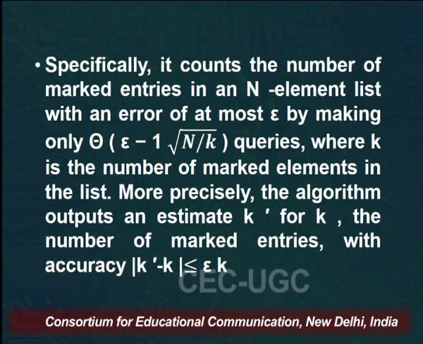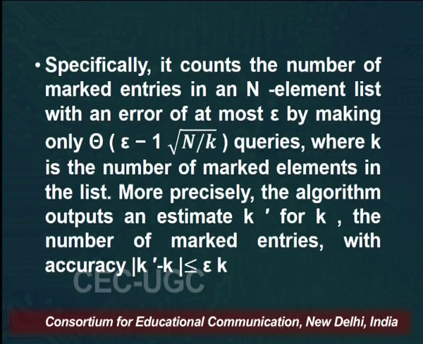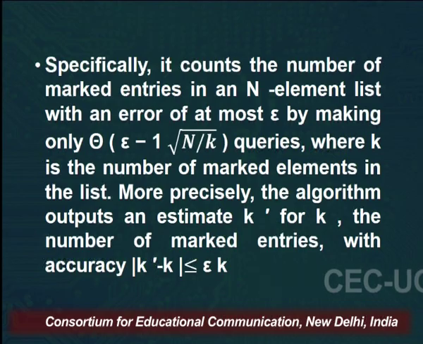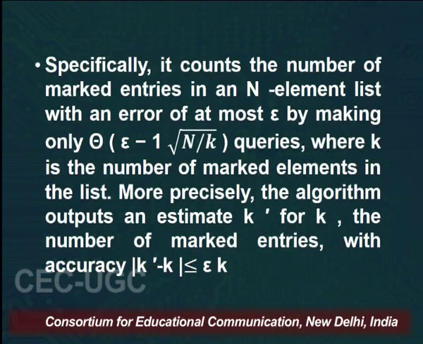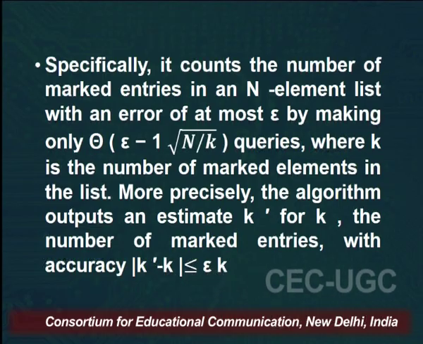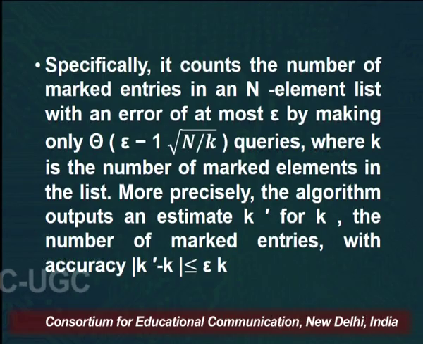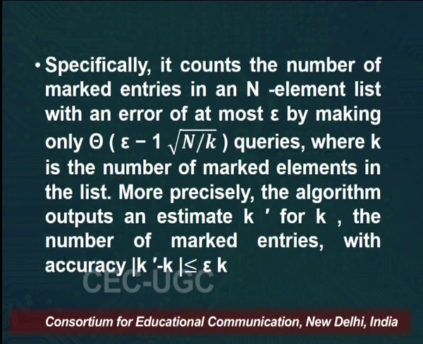by making only Theta(epsilon^-1 root(n/k)) queries, where k is the number of marked elements in the list and n is the total number of elements in the list.